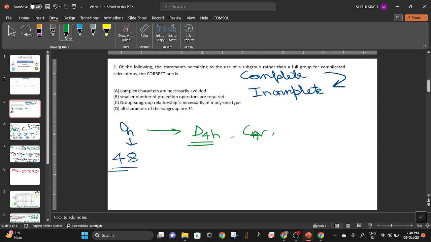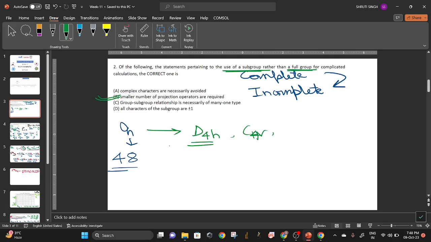So the question is about this: we use the subgroup rather than the full group. What is the advantage of such a process? The advantage is only that a smaller number of projection operators are required. So the answer is B.